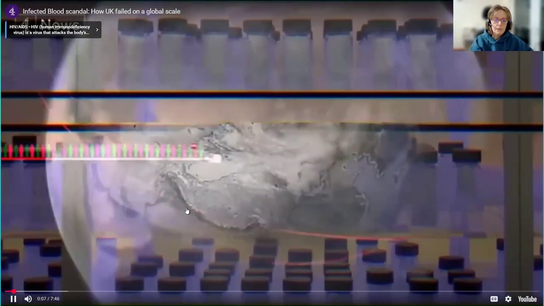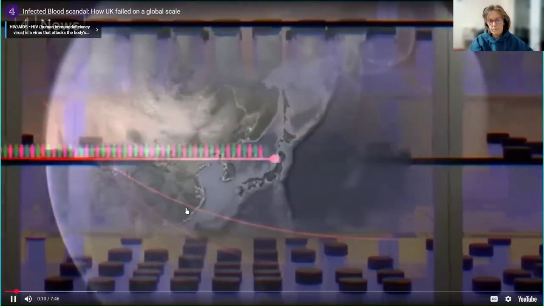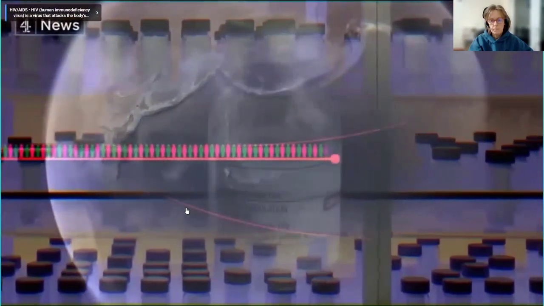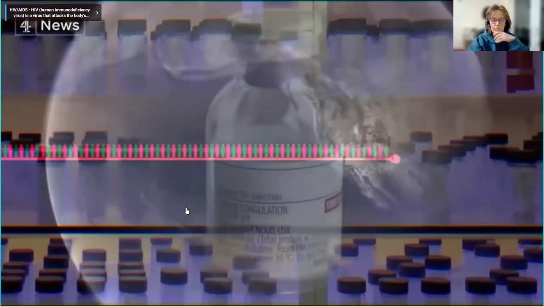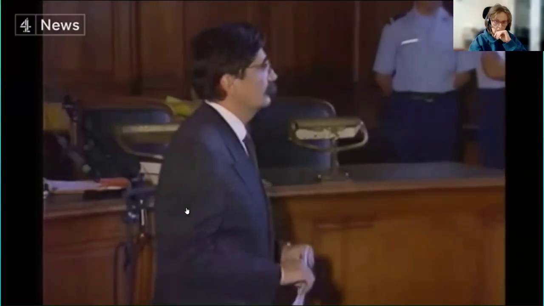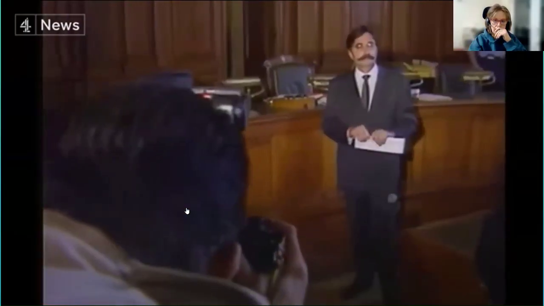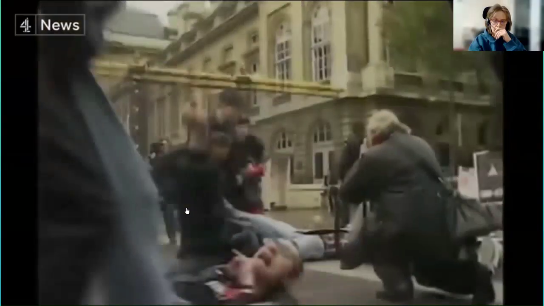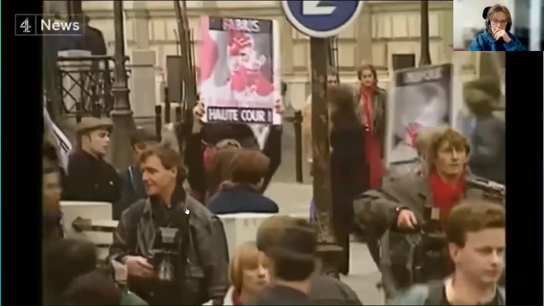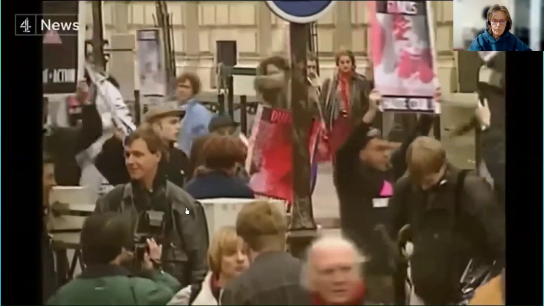Across Europe, America and Japan. What was different was how other countries responded, how authorities moved to investigate and in some cases prosecute the people and institutions to blame much, much earlier. In France, the former head of the country's blood transfusion service was jailed for 4 years in 1992 for knowingly distributing AIDS-infected blood products to patients. 7 years later, France's former Prime Minister, Laurent Fabius, was also charged with manslaughter, although later acquitted.